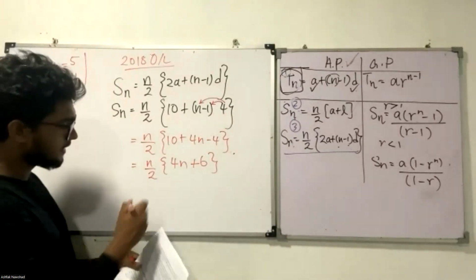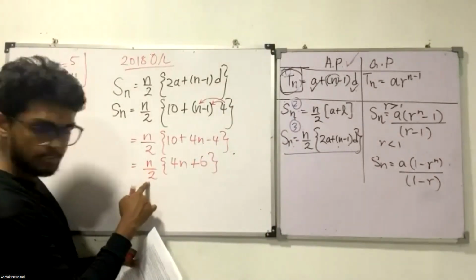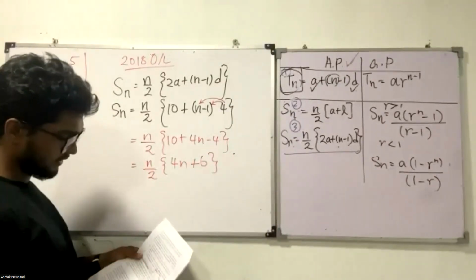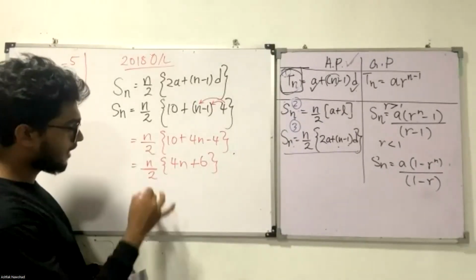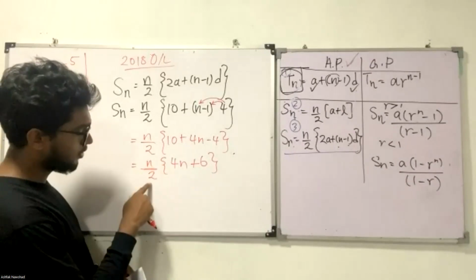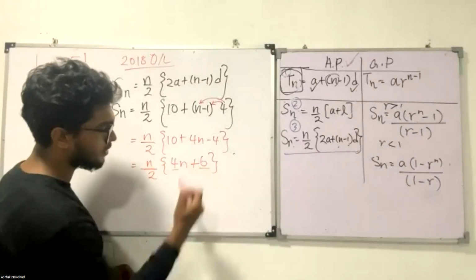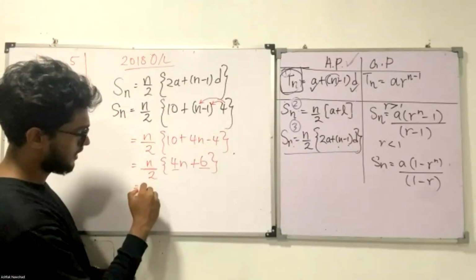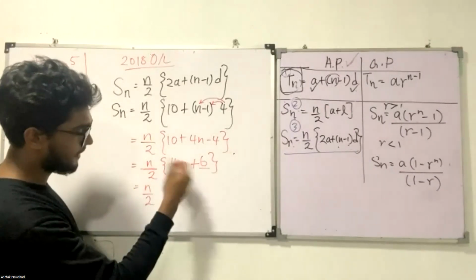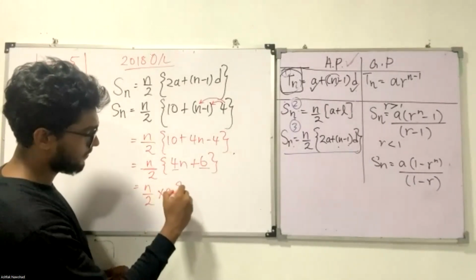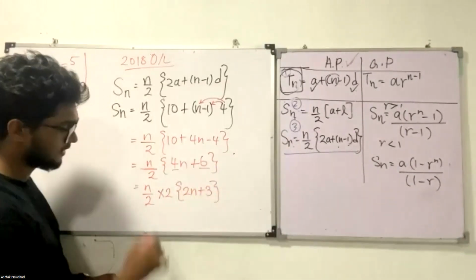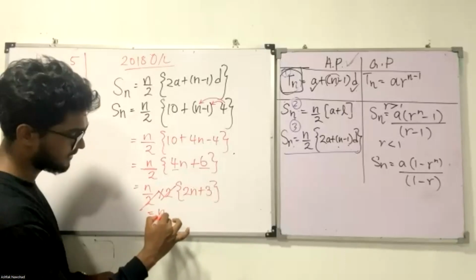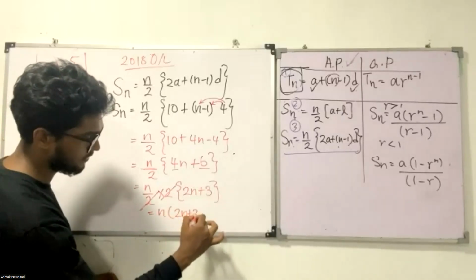Now, in the answer there is no denominator, no 2. So we'll have to cancel this 2. To do that, we can factor out 2 from here. If you take out 2, that becomes 2n plus 3. Now you can see the answer: the 2 gets cancelled, and it's n into 2n plus 3.